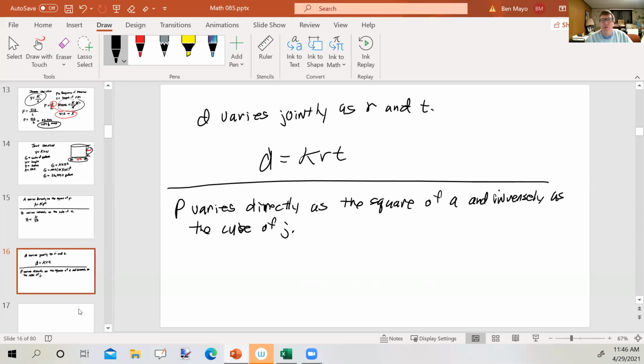So we've got two kinds of variation going on at the same time. P equals k a squared over j cubed. We've got direct variation and inverse variation going on at the same time.